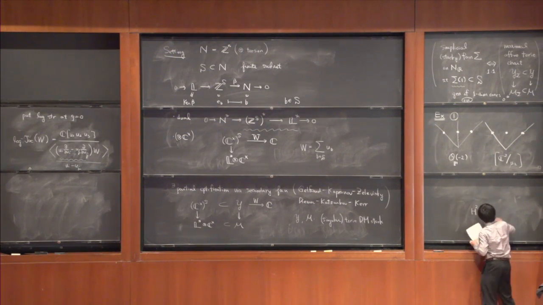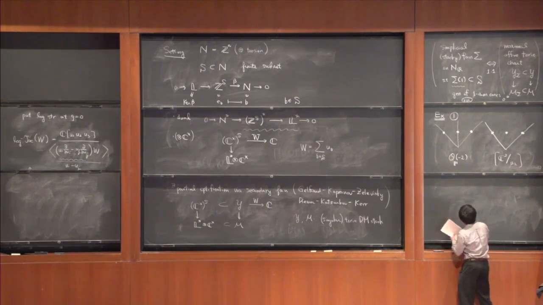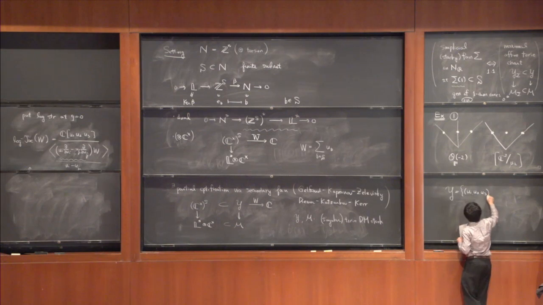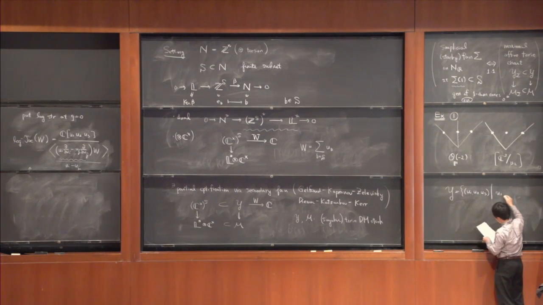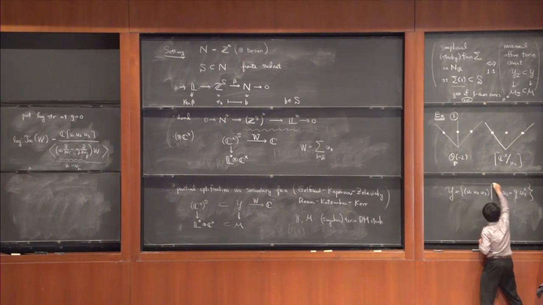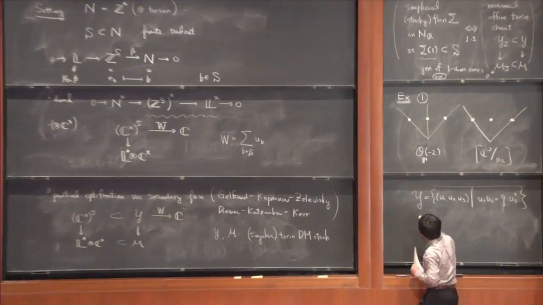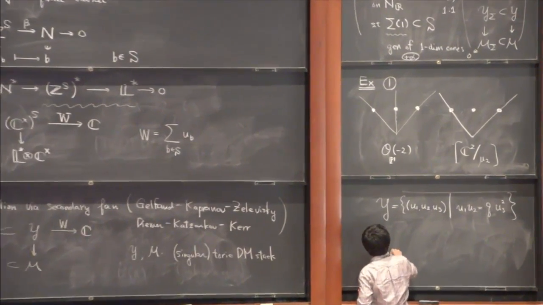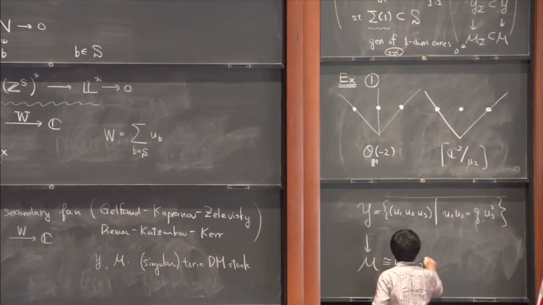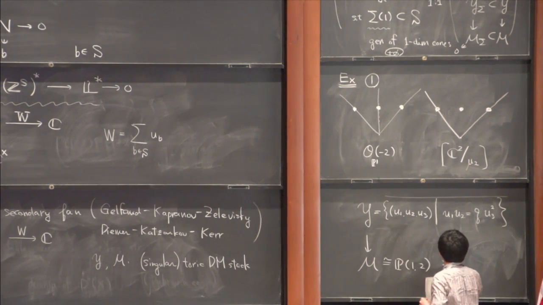The mirror is Y, a space with coordinates U1, U2, U3, such that U1 U2 is Q times U3 squared. And actually, I need to compactify slightly, mapping to M, which is a P1 containing Q.